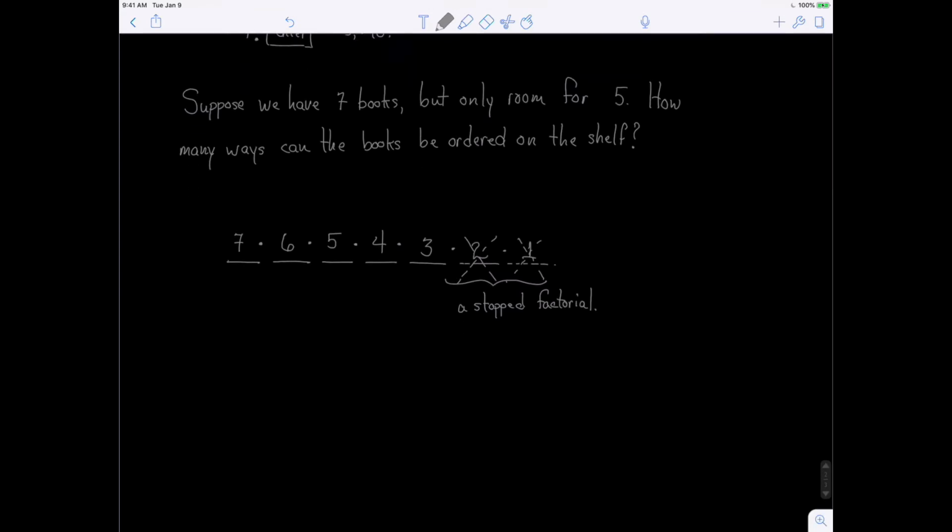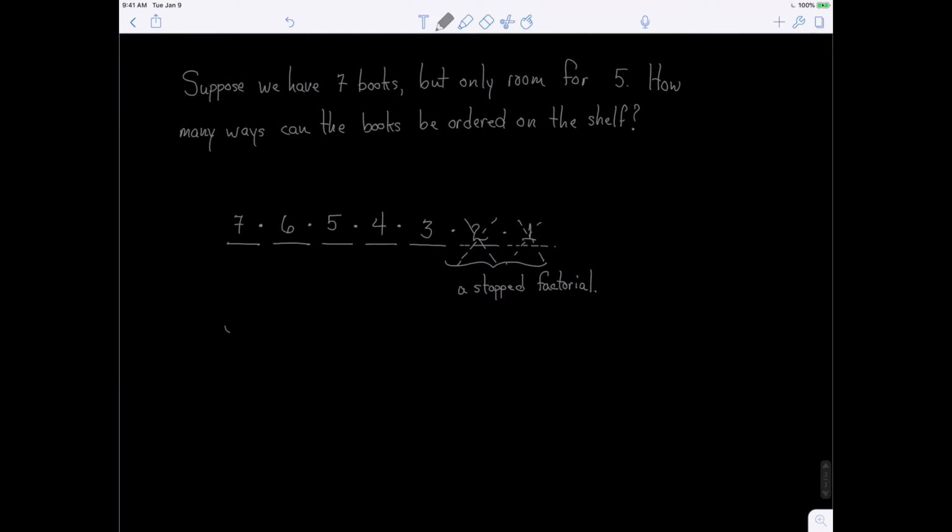These stopped factorials actually happen quite a bit. We call a stopped factorial a permutation, and we write it as, for this exact one, 7P5. I'll show you how that works.